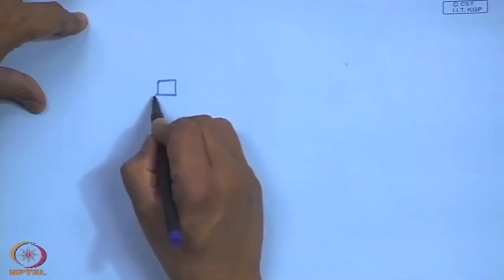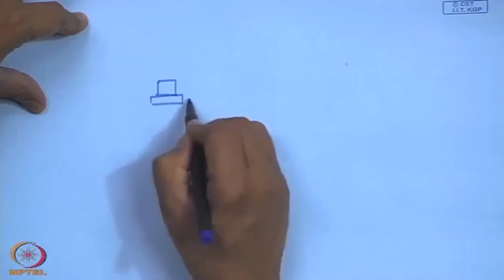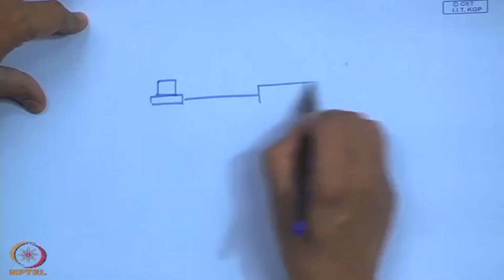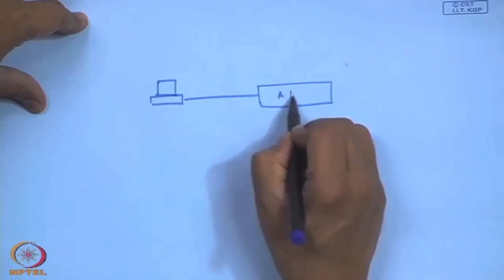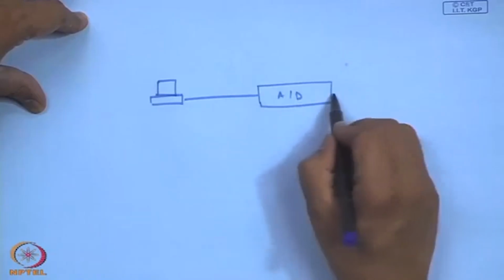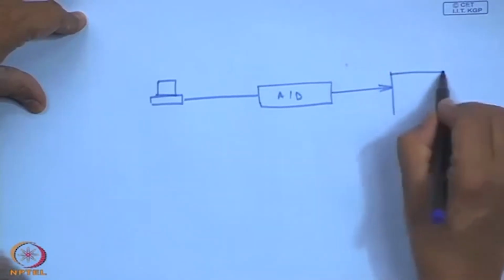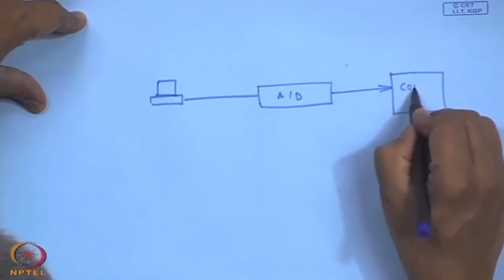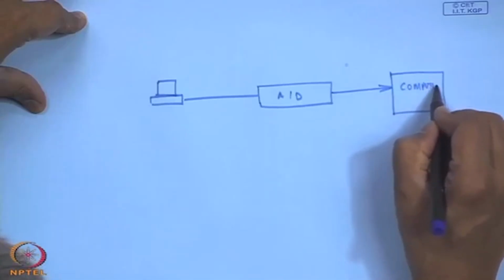Now, in vibration monitoring, you know that once we have the transducer, this is followed by a data acquisition system. I will come back to this figure later. I have an A to D system, and then of course, we have the digital signal which goes to a computer.